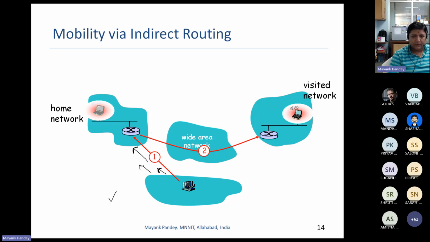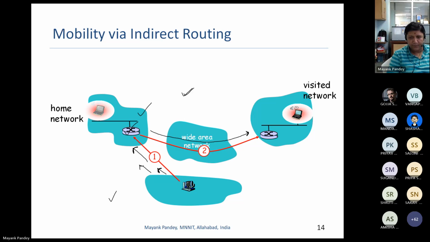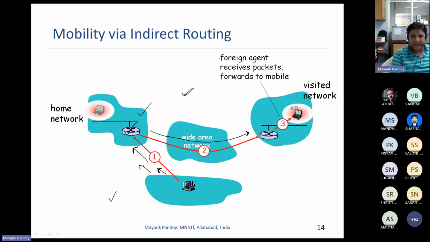The home network will forward the packet towards the foreign network, because the home network knows the location of the mobile node. The home agent intercepts the packet and forwards it to the foreign agent. The foreign agent will receive the packets and forward them to the mobile node.